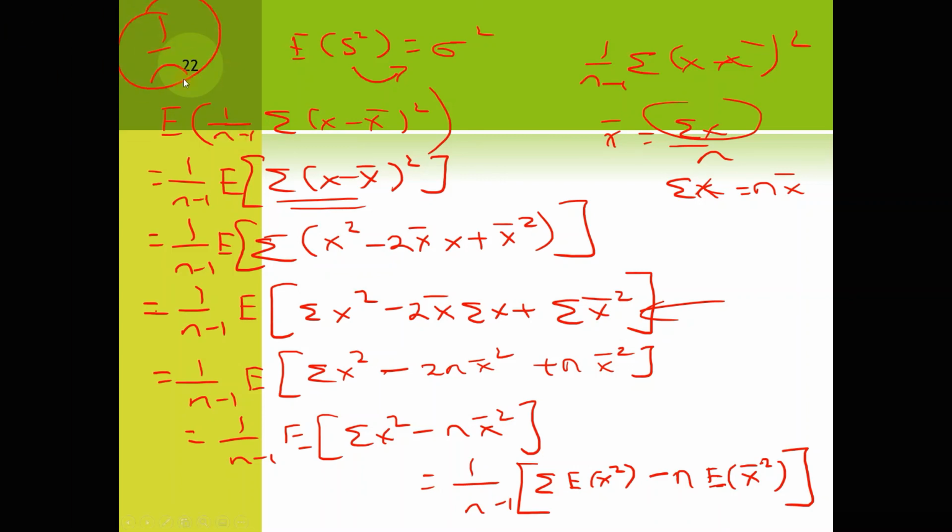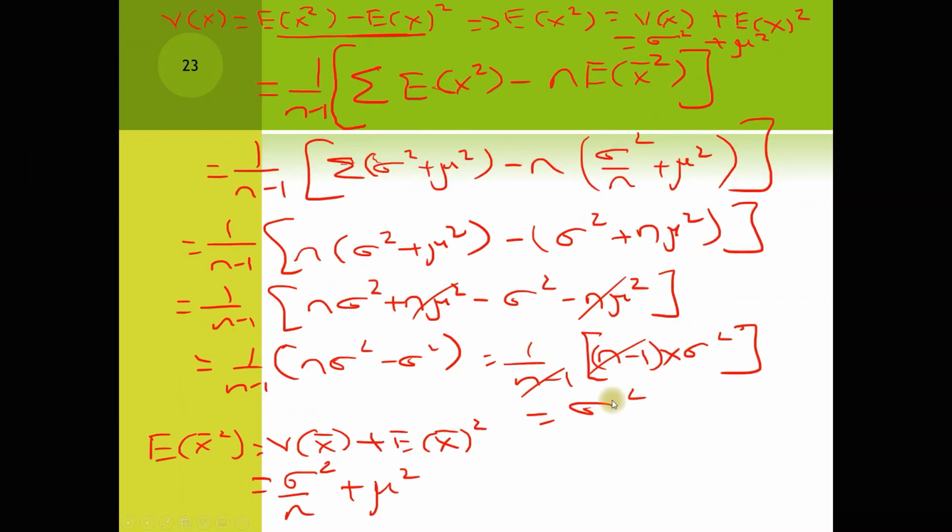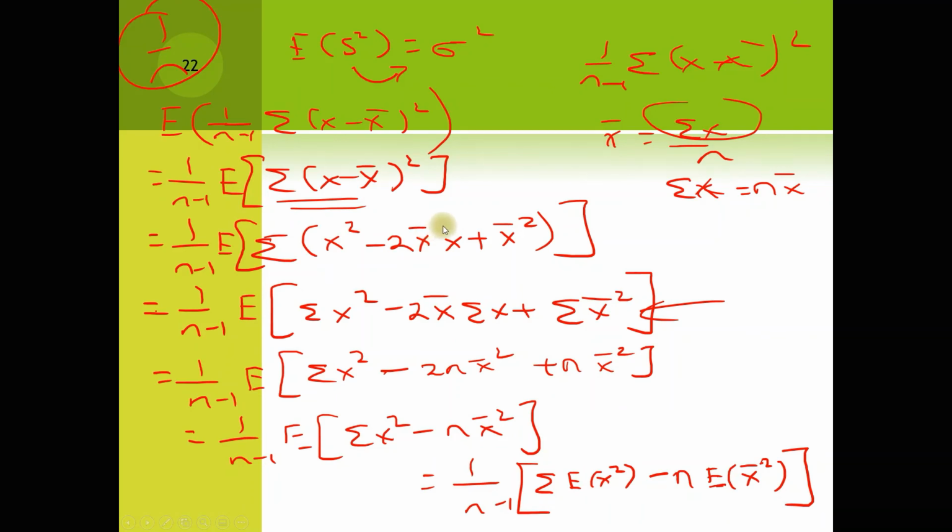If you do that, you will not come up with sigma squared, but with a factor of sigma squared. Which means that if you use the divide by n, you will not obtain an unbiased estimator, but a biased one. So the only way to get an unbiased estimator is by dividing by n minus 1.